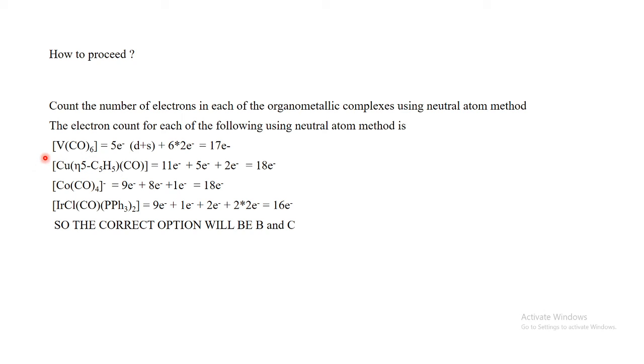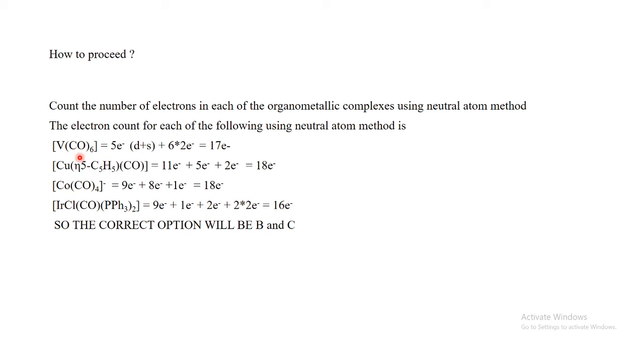The next organometallic complex is of copper. Copper is d9, and along with the 9 electrons, if we consider the 2 s electrons, we have 11 electrons overall for copper. Then we have one cyclopentadienyl ligand.